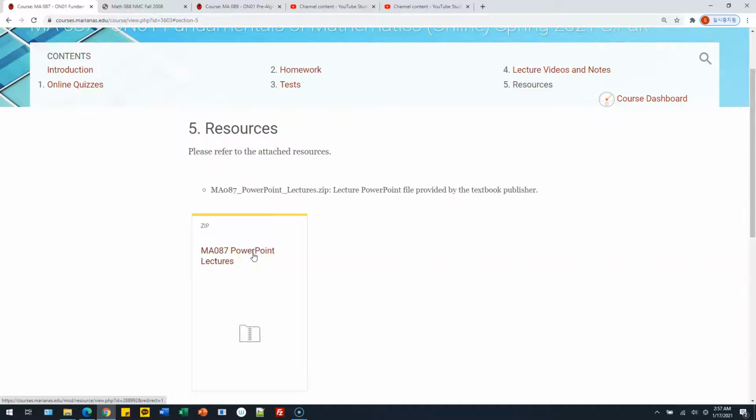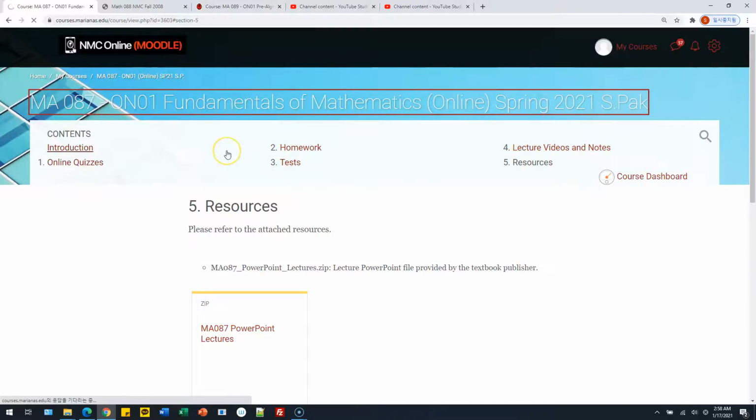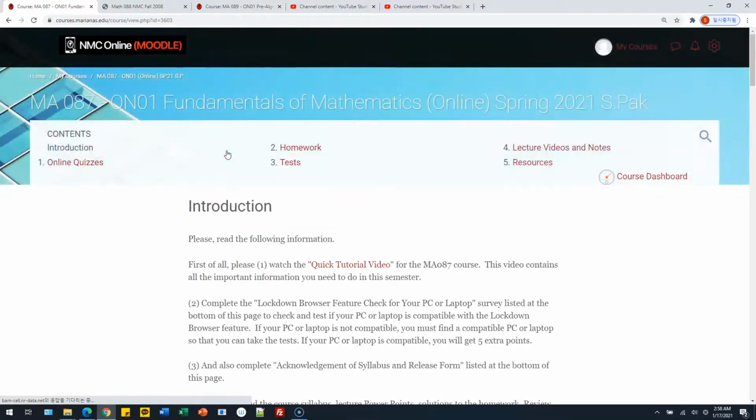So basically, you need to study the textbook. And then this PowerPoint is a summary of the textbook, so you can refer to this one. So download PowerPoint lectures, and then you may study these PowerPoint slides.